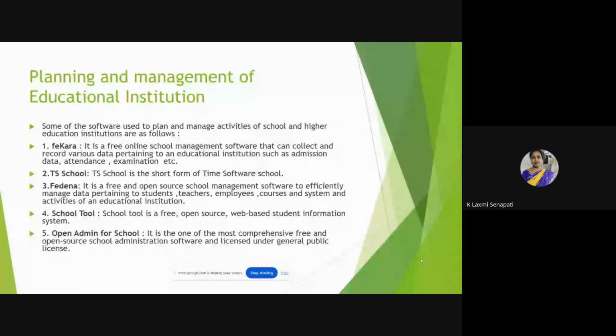Okay, so we will see Fekara. It is a free online school management software that can collect and record various data pertaining to an educational institution, such as admission data, attendance, examination, etc. In schools also, the BO office and DO office are always asking for data about the teachers and students: how many ST students are there, how many boys, how many girls, class wise.